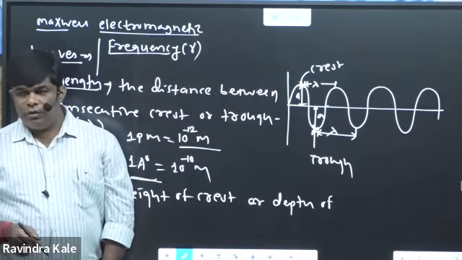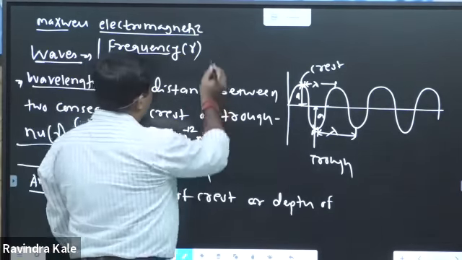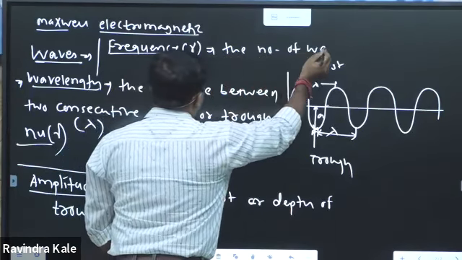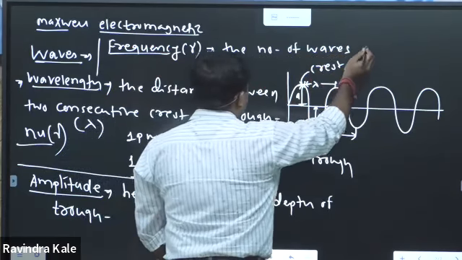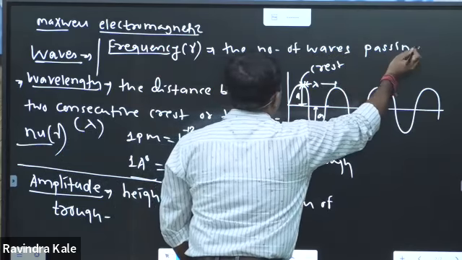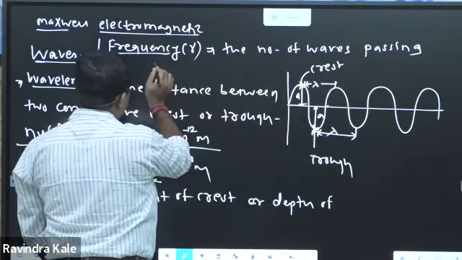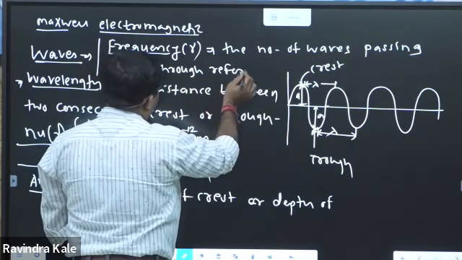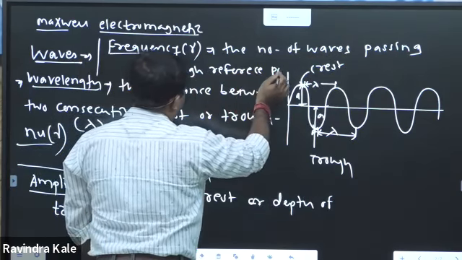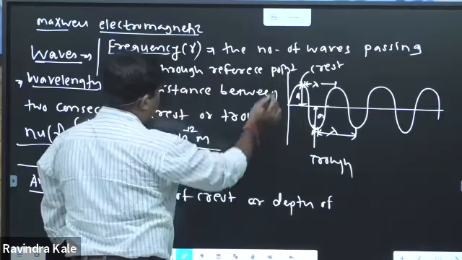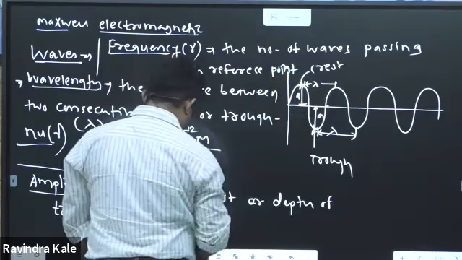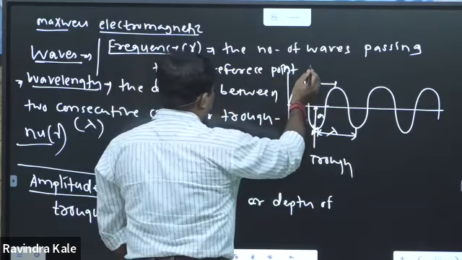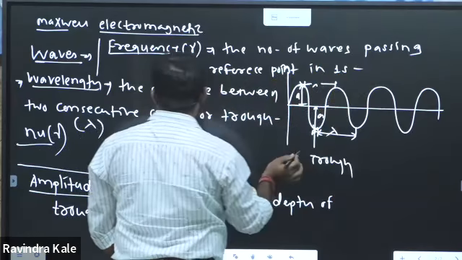The number of waves passing through a reference point in 1 second is called the frequency.